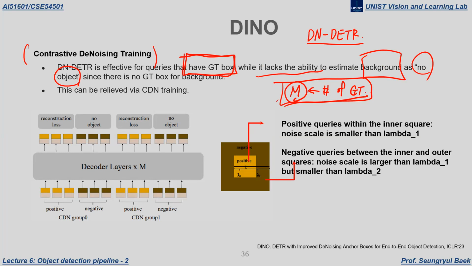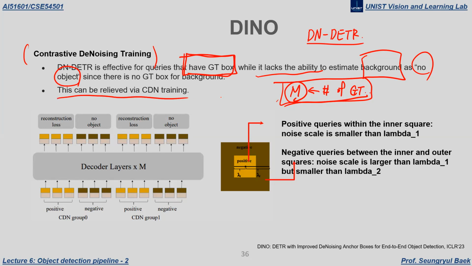This denoising is only applied to the locations where the ground truths are, right? So because of that, the previous DN mechanism was applied only where the ground truth boxes are. And when there is background, this denoising did not appear, okay?